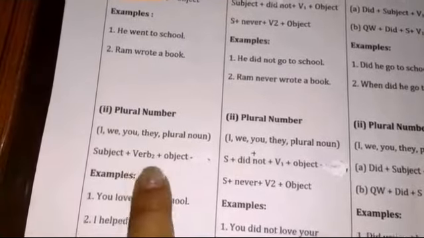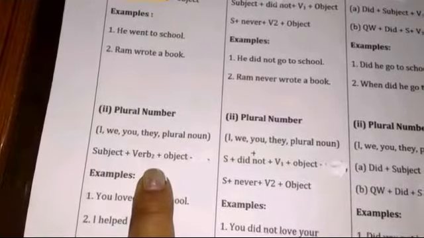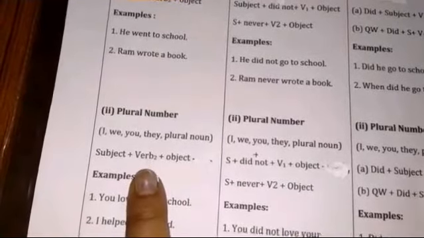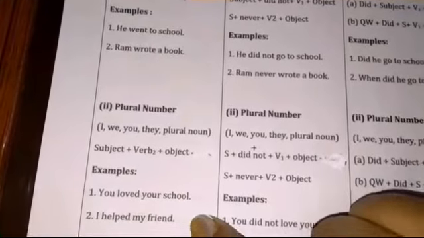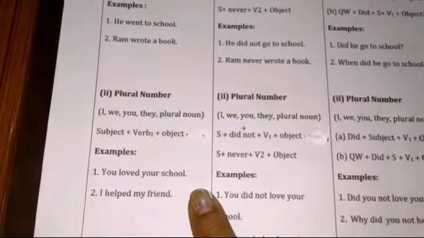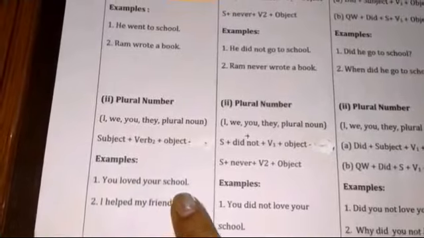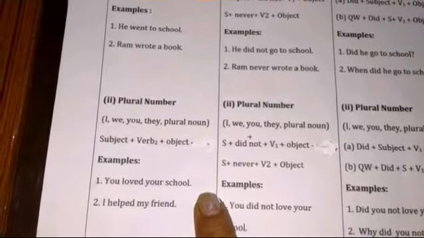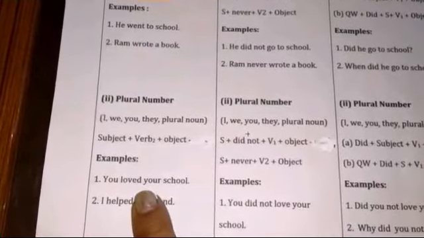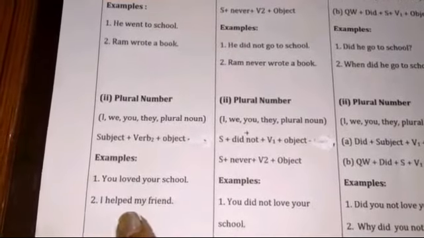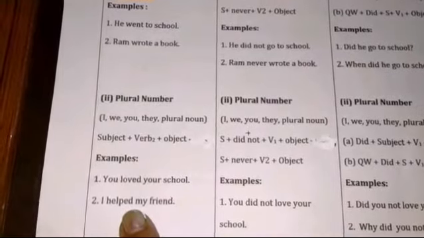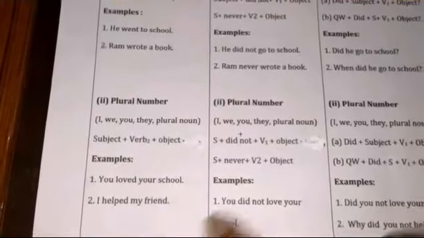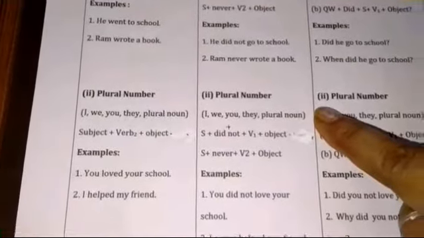We use V second in plural number also. And then these are the examples. You can see here, you loved your school. So we use V second, and then, I helped my friend. We use V second. Okay, now let's move on to the negative sentence.